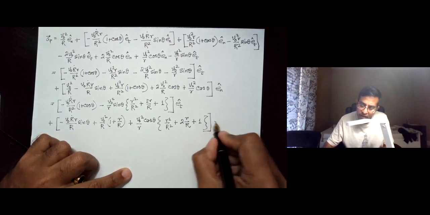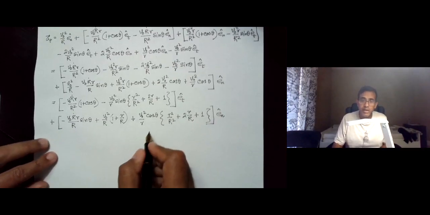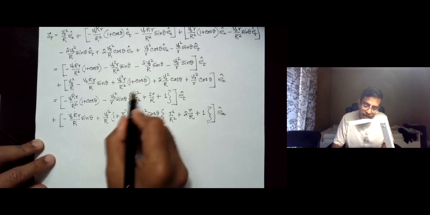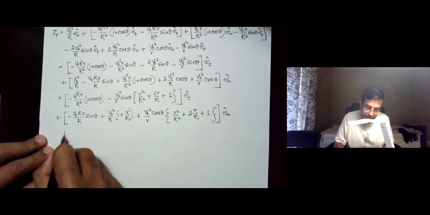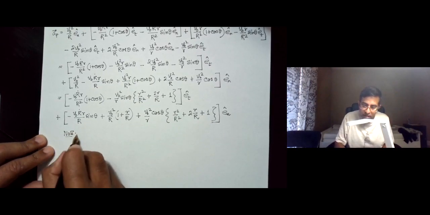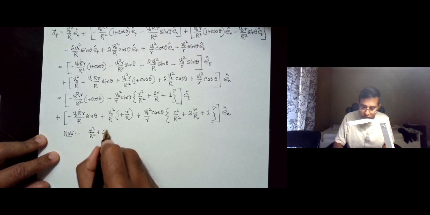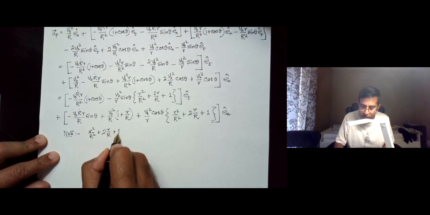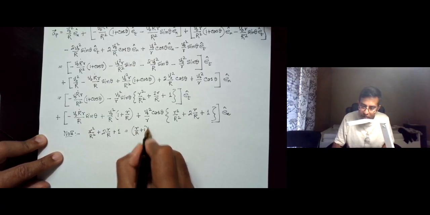Okay, and the whole thing is in the EN direction. So we note that this term, small r squared over capital R squared plus 2 small r over capital R plus 1, is equal to small r over capital R plus 1 whole squared.